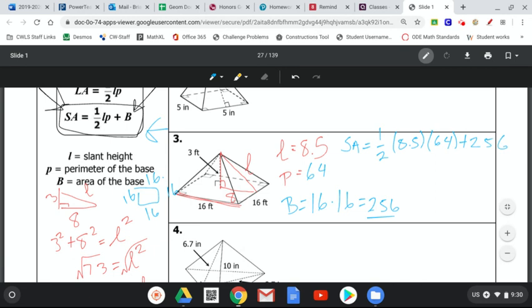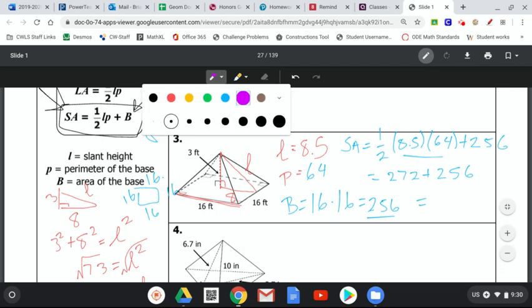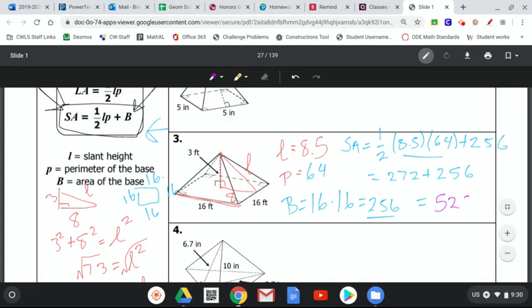So again, to solve this, I'm going to do 8.5 times 64, divide that number by 2, and when you do that, you get 272 plus 256. So that gives you a surface area of 528 feet squared.